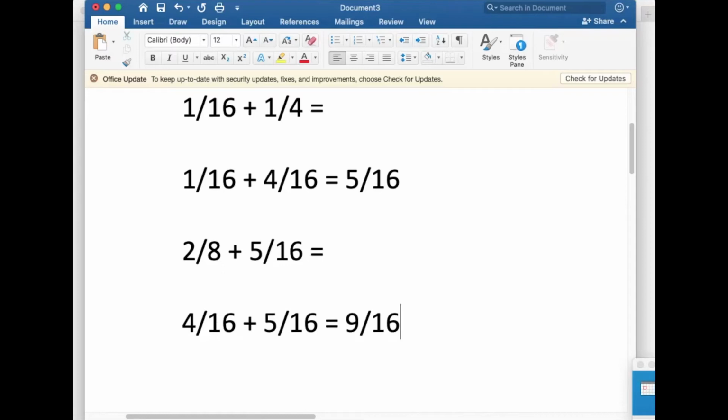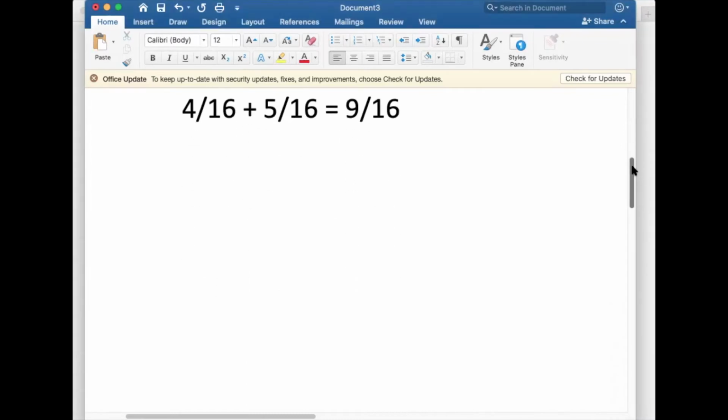Hopefully not as scary as you were anticipating, and hopefully that relieves some of that stress. Again, we're only going to be doing things that are relevant to the tape measure. Let's look at some subtraction now. So if we're going to go 15/16 minus 1/4, what are we going to do?